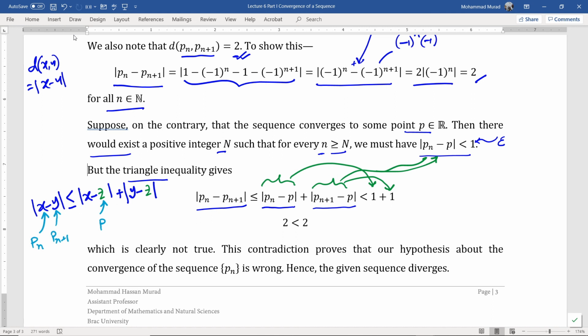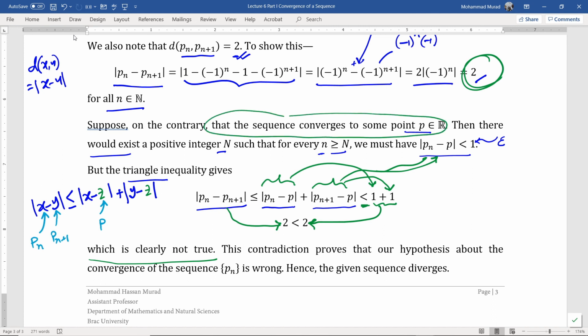But the left-hand side we just calculated was equal to 2, which is smaller than 2. 2 is strictly smaller than 2, which is clearly not true. This contradiction proves that our hypothesis about the convergence of the sequence is wrong. Hence, the given sequence diverges.